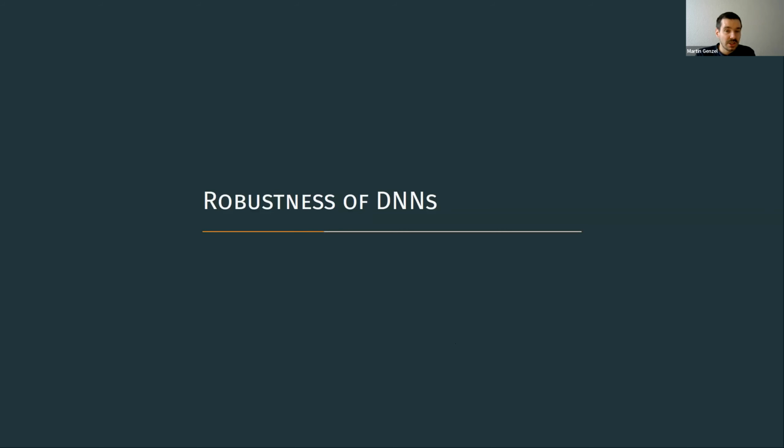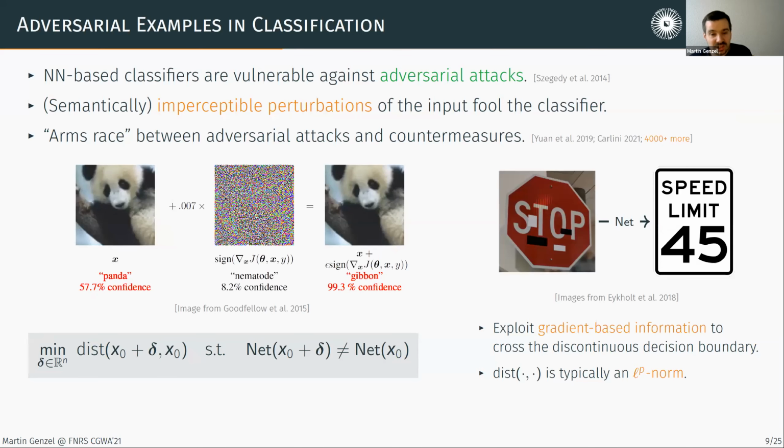Well, before I actually get back to inverse problems, let me start with some motivation where this whole deep learning hype has started, which is undeniably in classification. If you're a bit familiar with this area, you may have also heard about adversarial attacks, which quickly came up in the literature after this hype started.